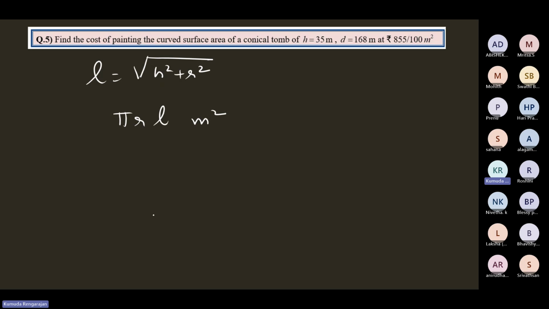Now you should find the cost. Pi RL is the area. So the cost will be whatever is the area into the rate. When you're multiplying with the rate, it is 855 rupees for 100 meter square. So divide by 100 to get for 1 meter square.